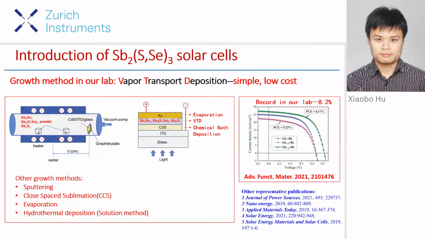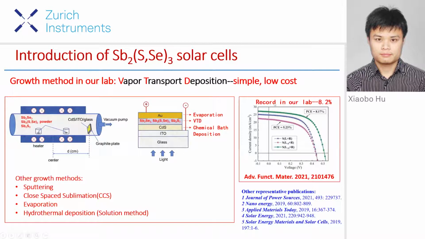Then the Sb2(S,Se)3 film was deposited through the VTD method in a tube furnace with 2 heating zones using mixed powders of antimony sulfide and antimony selenide. Finally, patterned gold electrodes were deposited on the Sb2(S,Se)3 films by thermal evaporation to form solar cell devices.